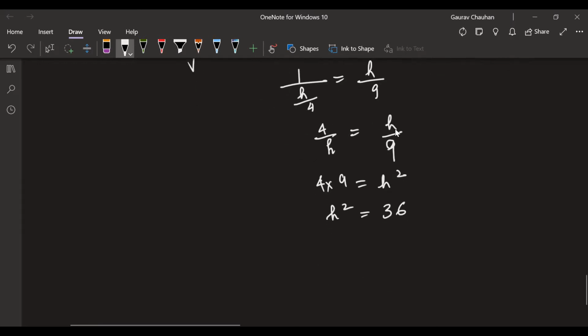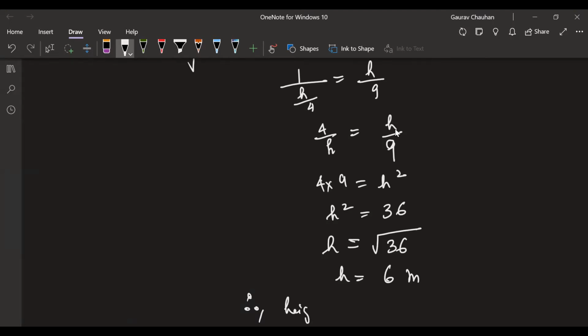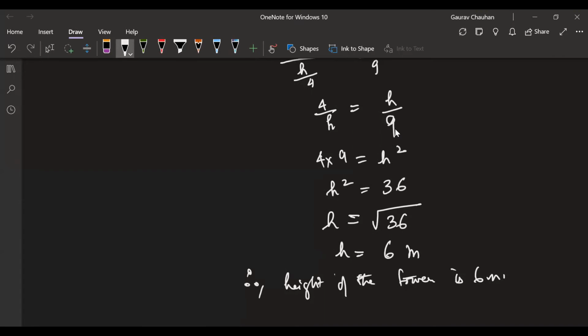I'm going to take the root, obviously the positive root, because we're talking about height here, root over 36. So h is equal to 6 meter. Therefore, height of the tower is 6 meter, hence proved.